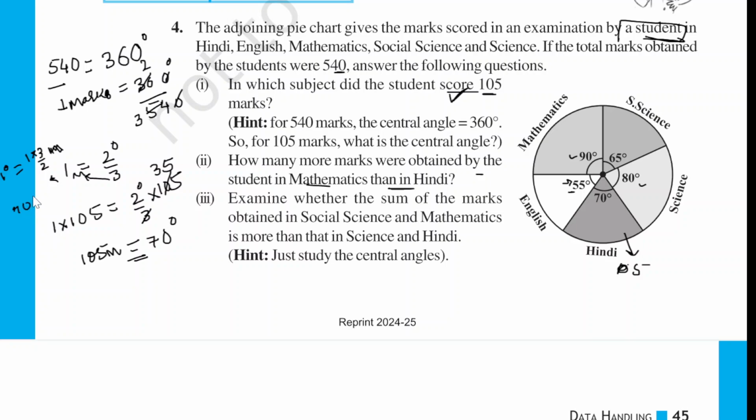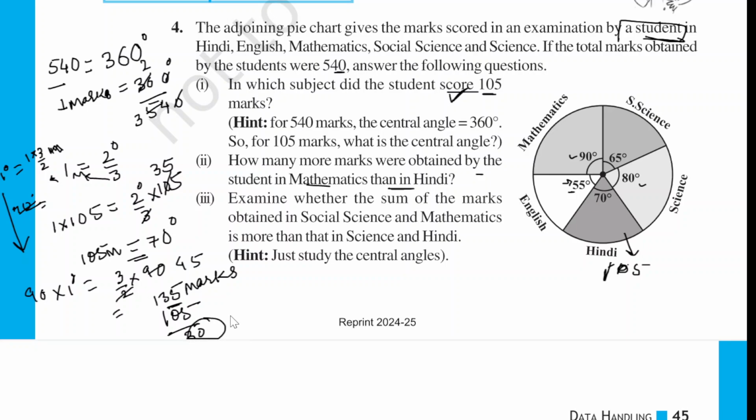So 90 degrees is equal to 135 marks. So 135 marks is what he scored in maths, and we have just found that Hindi is 105 marks. So the difference is going to be 30. So he is scoring 30 more marks in maths.